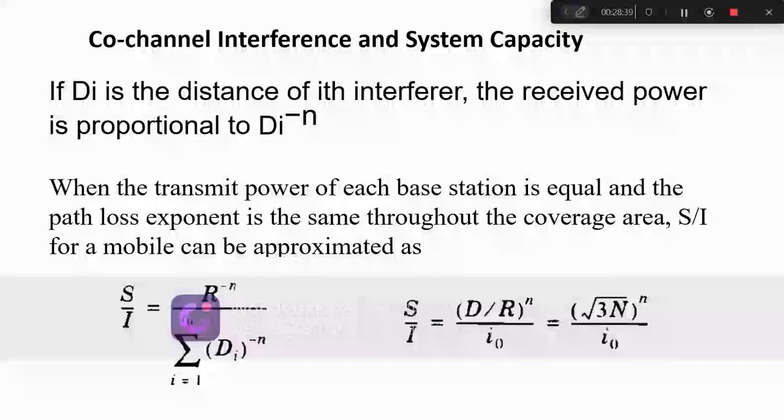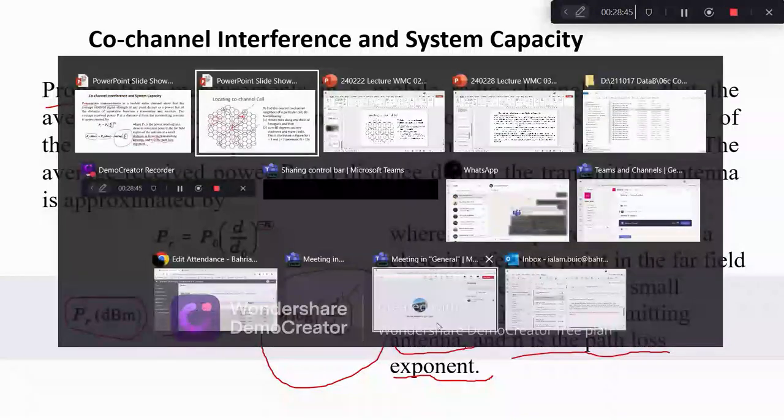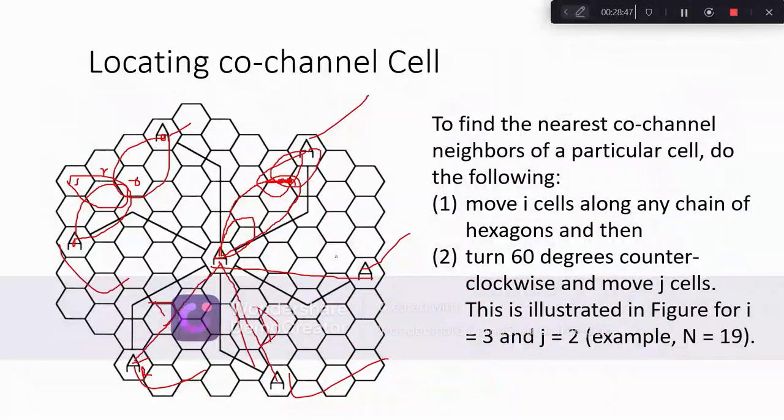Let me see if there is any diagram. No. Okay, I will draw it myself. D over d naught, keep it in mind. For example, the user of this is here.